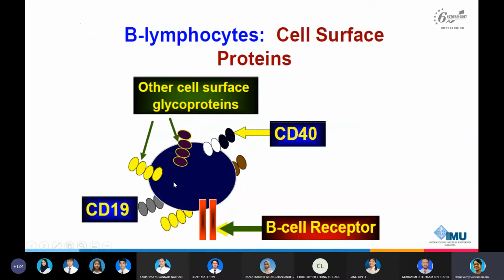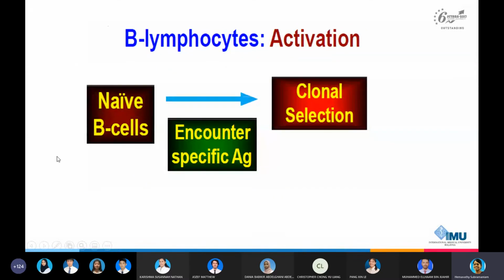Again, for B lymphocytes, let's say this is the B lymphocyte, you have cell surface proteins, for example, CD40, CD19. Generally, of course, you will have your B cell receptor, but there are also other surface proteins. Okay, this is just to show an example. When naive B cells encounter a specific antigen, not just an antigen, but a specific antigen, clonal selection will take place.